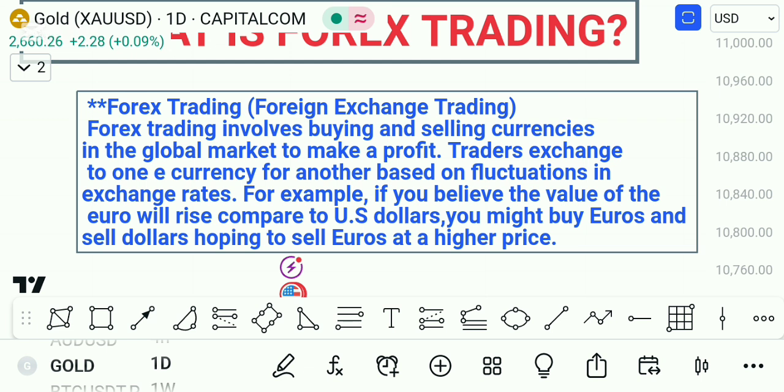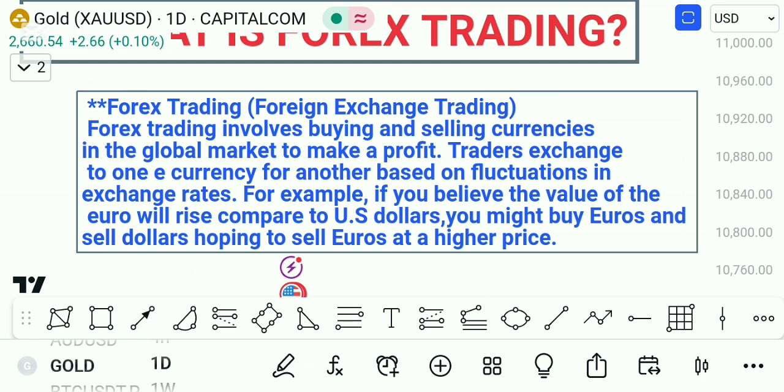So traders exchange one currency for another based on the fluctuation of the exchange rate. Now the rate at which it is exchanged differs, and that's what makes the currencies able to be taken advantage of. At one range you're going to have a higher price, and at some other range you're going to have a lower price.